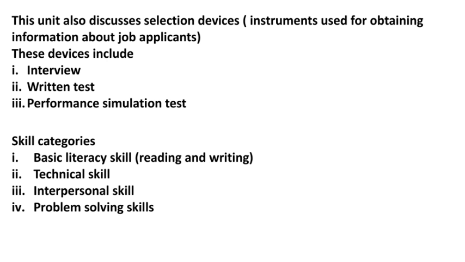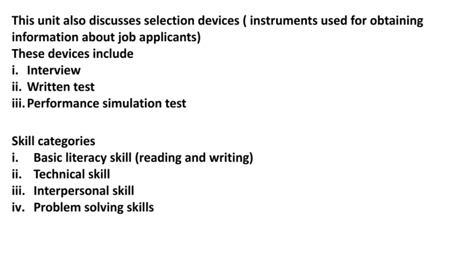Then the unit also discusses skill categories. The categories involved basic literacy skill, which involves reading and writing, ability of the applicant to read and write. Then we have a technical skill.